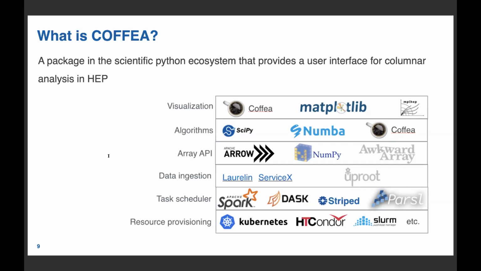You see in this sketch here a visual description of the Python ecosystem, what you can find out there, the different packages and libraries that serve different scopes. And you see where Coffea plays itself. So you have a little bit of Coffea in algorithms and a little bit of Coffea in visualization. And we'll see later on how actually Coffea achieves these two scopes.